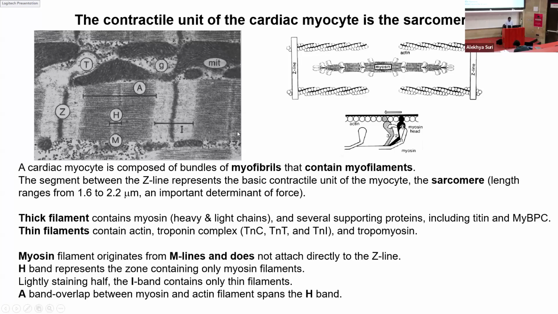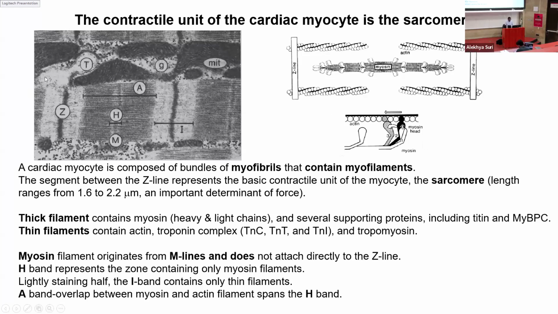These muscles are called striated muscles because if you make a section and look at the muscle in an electron micrograph, you will see a striated pattern, with a lot of light and dark areas.